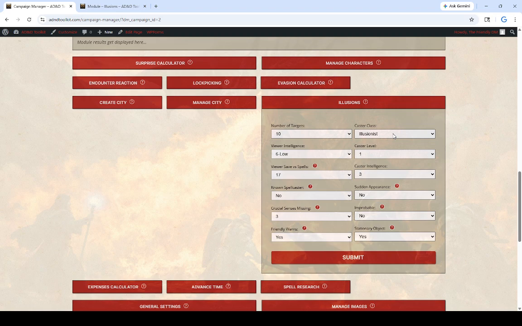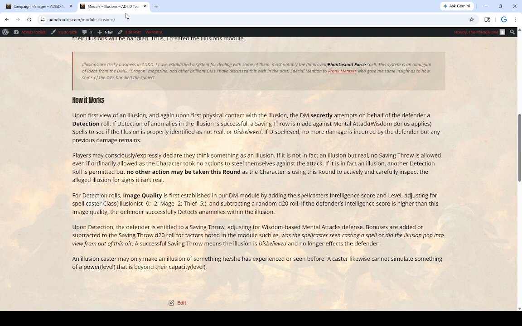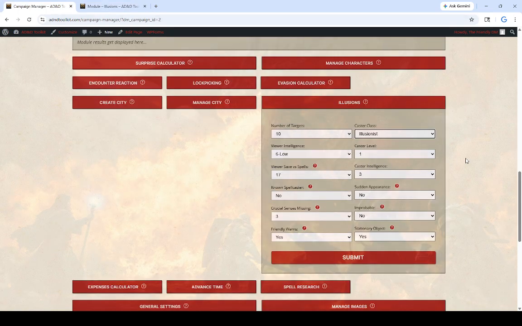The caster class. So going back to this article, there is an image quality that is calculated. The image quality has a few attributes that detect how good the quality is of this illusion. One of them would be: is it an illusionist casting a spell, or is it a mage, or is it a thief that's using a scroll? If you remember, thieves in 1E can use, I think it was like a 25% chance of success, magic scrolls.